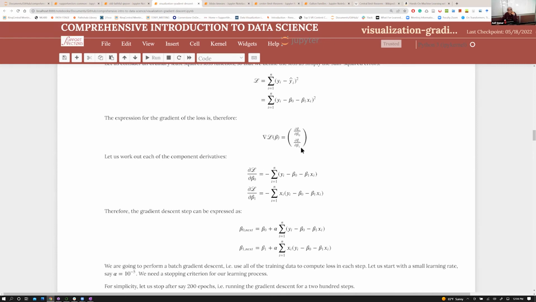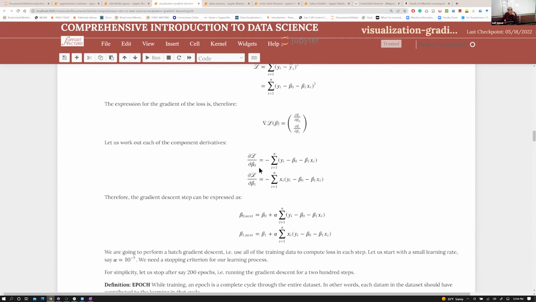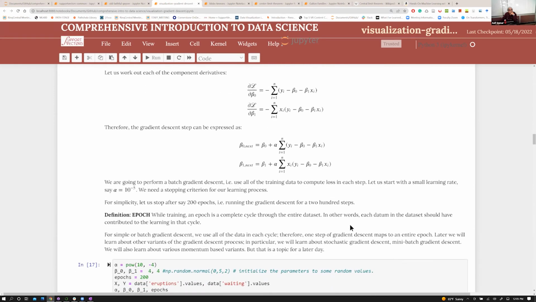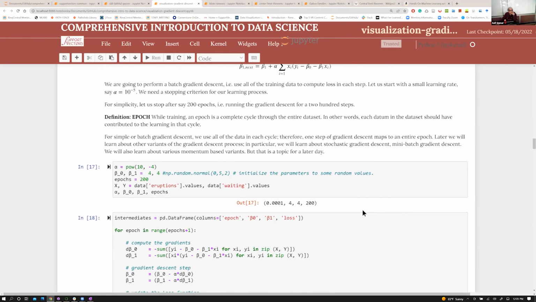I'm writing the expression here in its component form, and then figuring out what it means when I do the differentiation of this. It becomes this. And when I write out the beta naught, beta 1 next, it becomes this. The important thing is that you can actually write the entire machine learning, the regression, without needing any libraries.